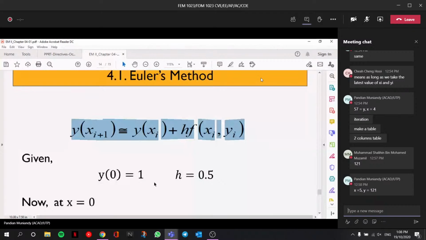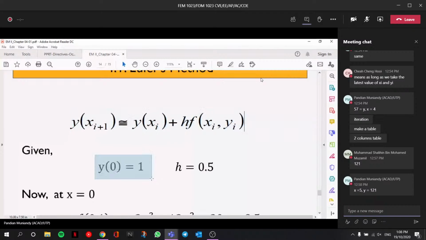Now we want to calculate y1, y2, y3, y4, y5, y6, y7, y8, like that. So the first y is y0. So y0 is 1. This is the meaning. y0 is 1, x0 is 0.